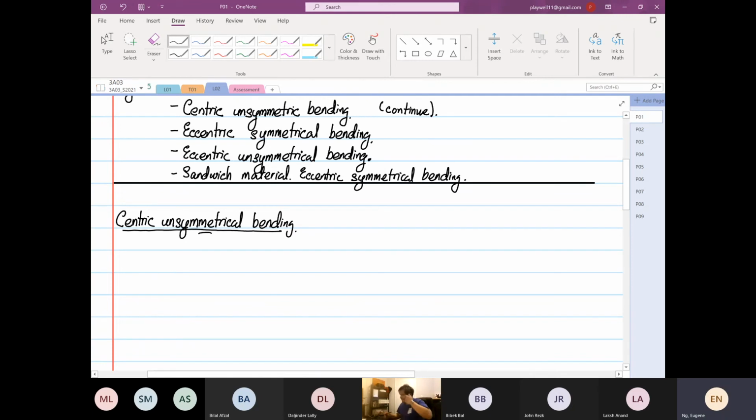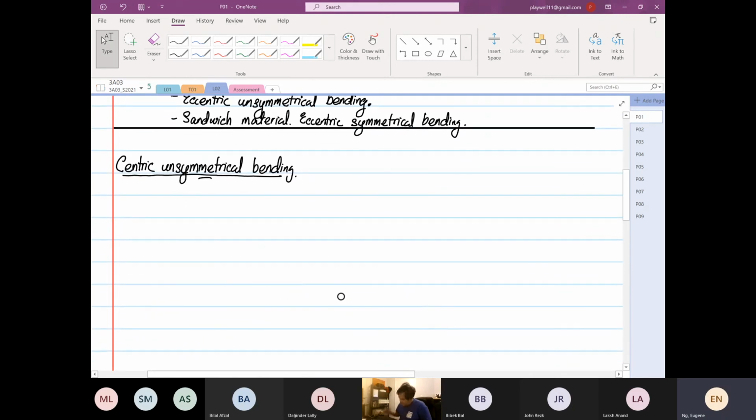The formula that we are going to use for centric unsymmetrical bending is stress σx equals My over Iyy multiplied by z, minus Mz over Izz multiplied by y.